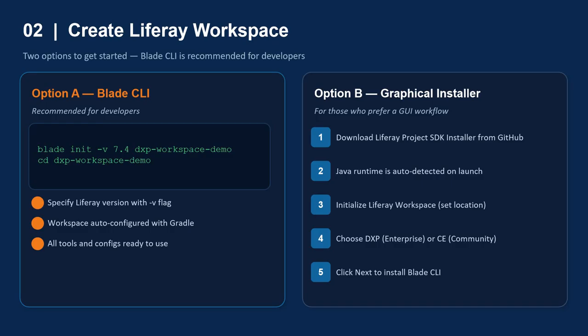Guys, dxp-workspace-demo is my own workspace. It's not mandatory that you give the same name. You can give any name based on your project nature. Let's suppose you are working on a project domain.